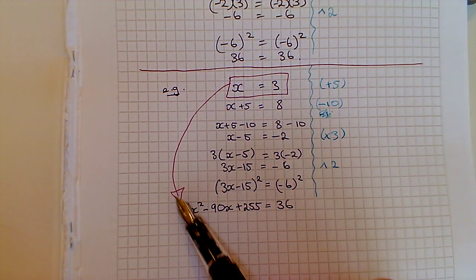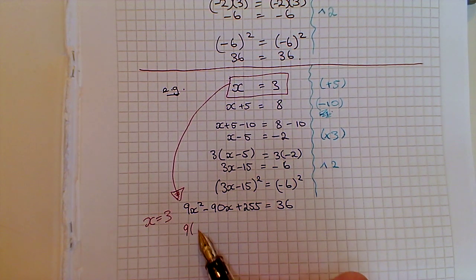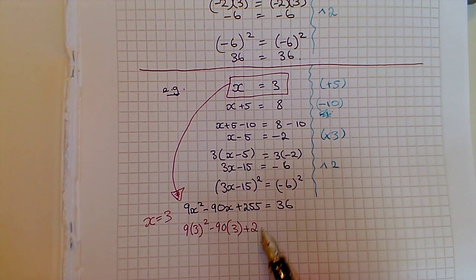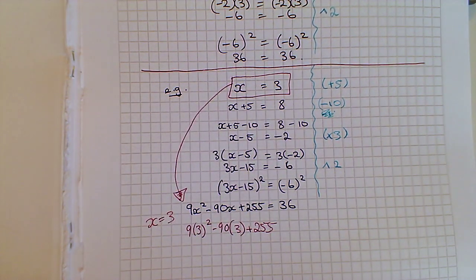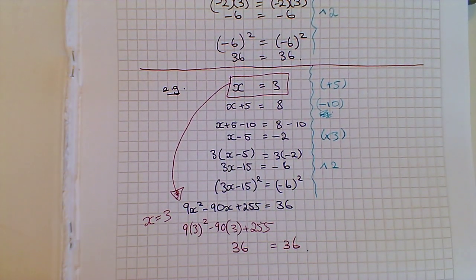So if I substitute in x equal to 3 here, I get 9 by 3 squared minus 90 by 3 plus 255. Will I get 36? You type that into your calculator. I don't have my calculator in front of me right now, but I encourage you to try it at home. You will get 36 equals 36. So I'd like you to try that and see that our equality is preserved.